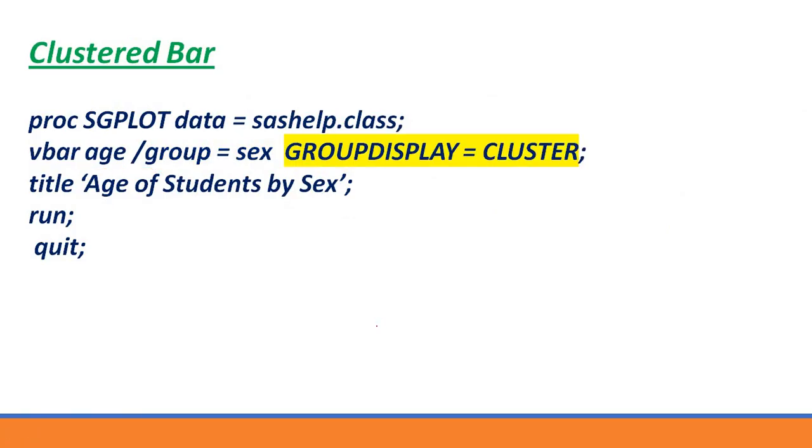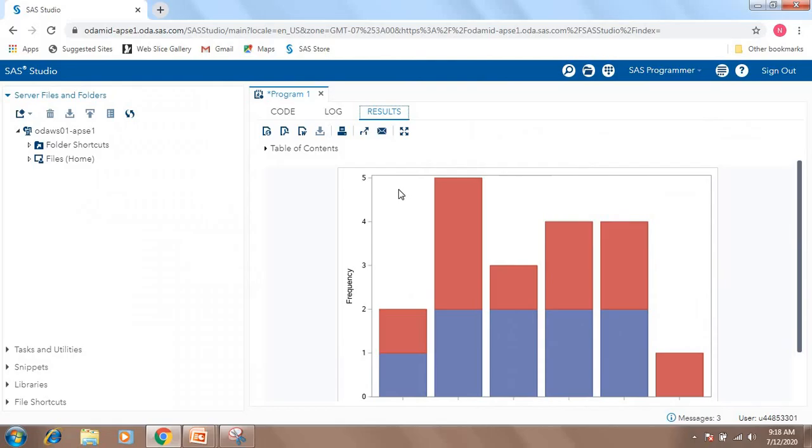The next concept is the clustered bar chart, and in the clustered bar chart we will identify how the data is distributed. Here in the stacked bar chart code, if we add the option groupdisplay equal to cluster, then we will get the clustered bar chart. Let's see.